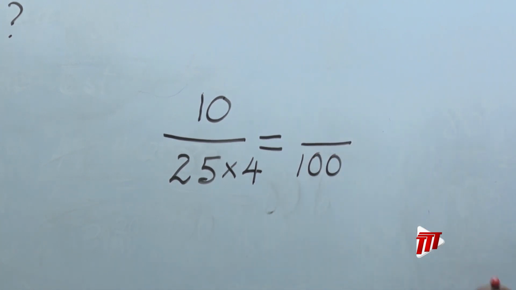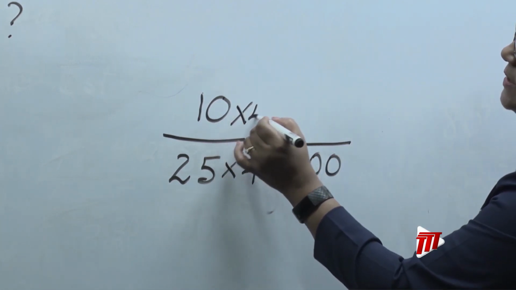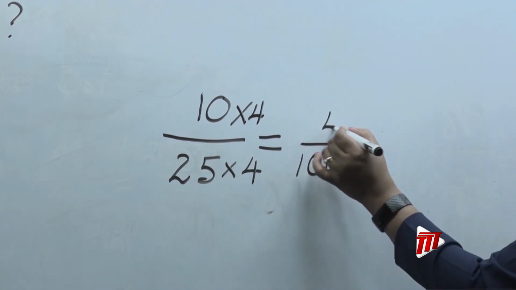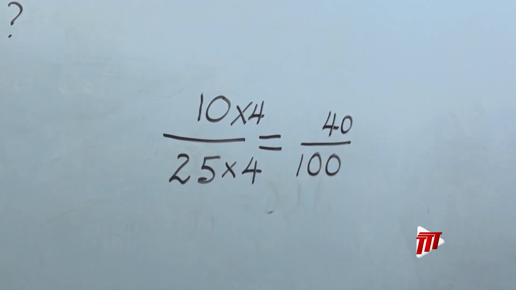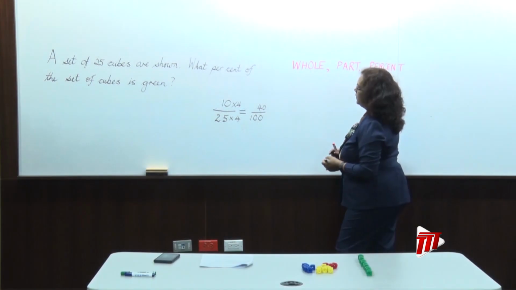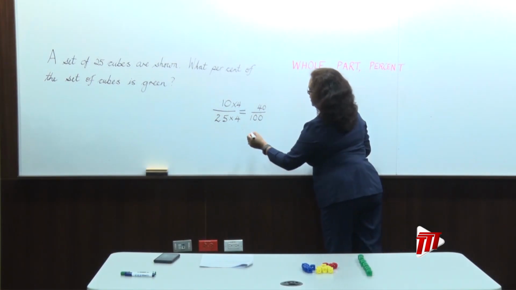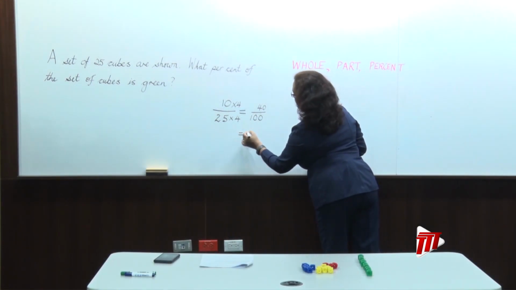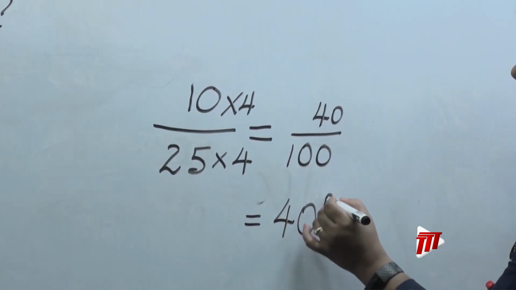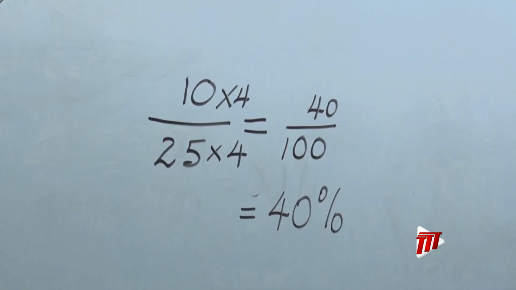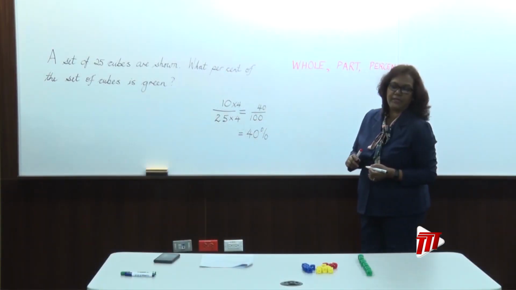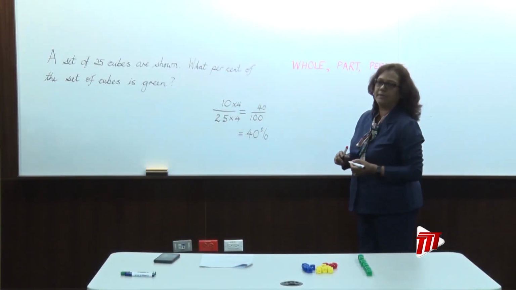So I'm going to do the same thing at the top. 10 times 4 is 40. So 40 over 100 is the same as 40%. So very simple. The percent of cubes that is green is 40%.